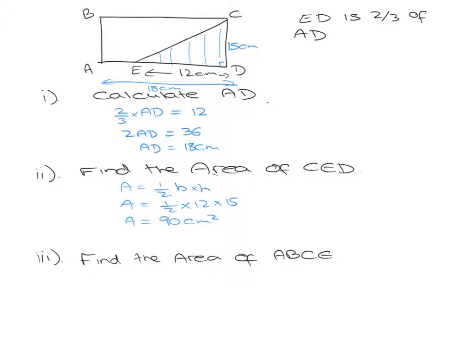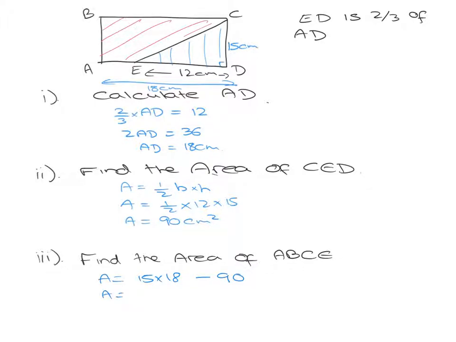Now they're asking us to find the area of ABCE, so they're after this area. We could use the area of a trapezium, but it's easier here to find the area of the rectangle, which is 15 times 18, length times width, and then subtract the area of the triangle, which is 90.